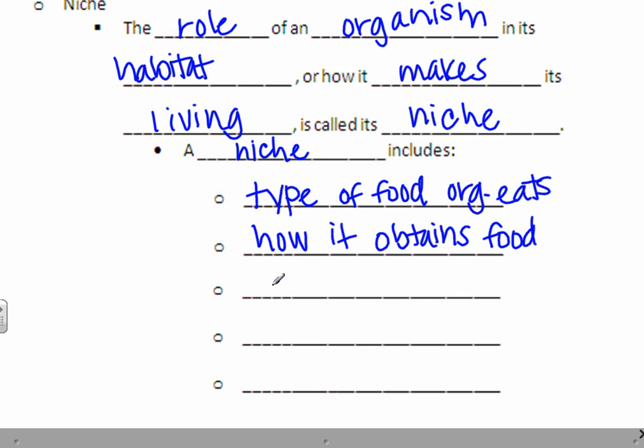It could be classified by which other organisms eat it, so which organisms eat it as a source of food. And when and how it reproduces.